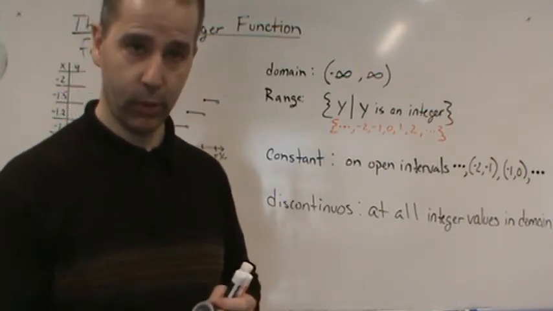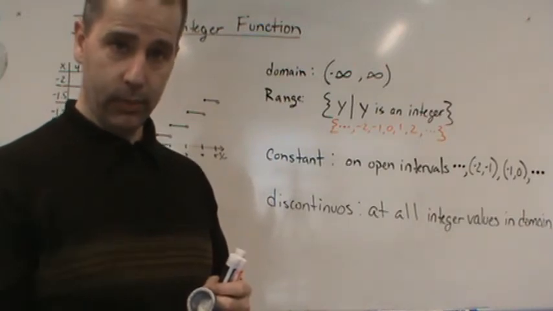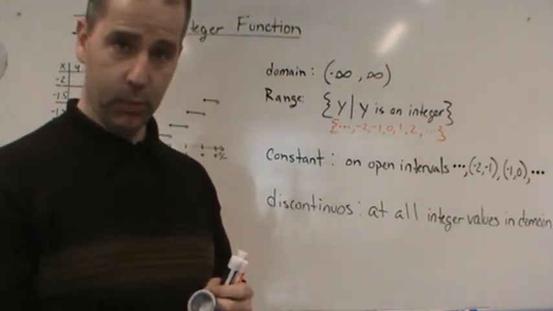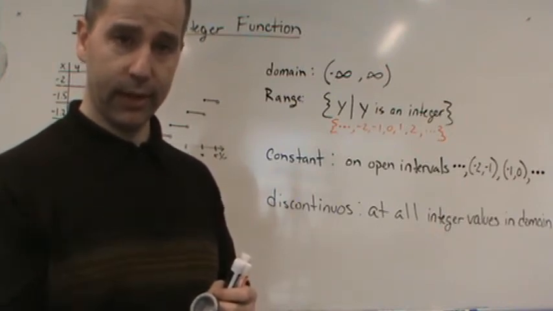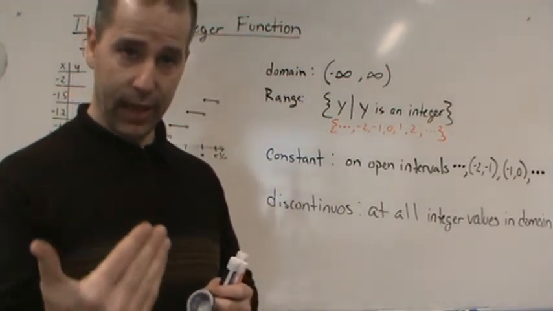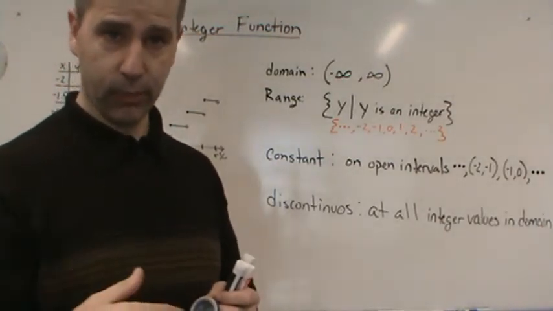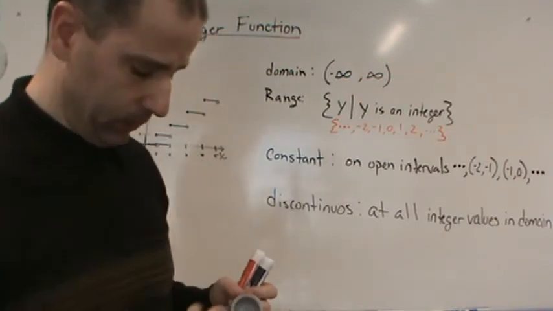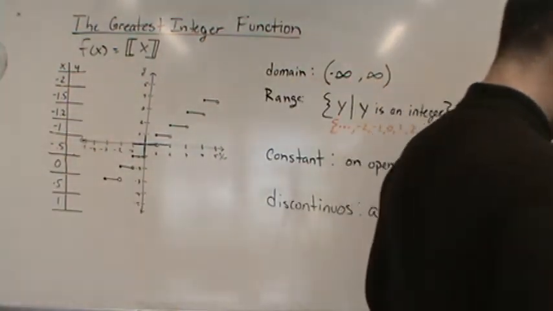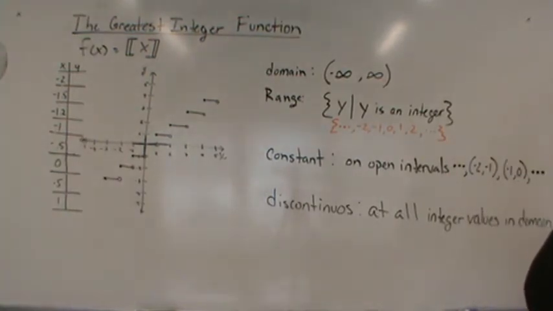So for example, if I put in 1, the greatest integer that's less than or equal to that value is going to be 1. If I put in 2, what do I get?